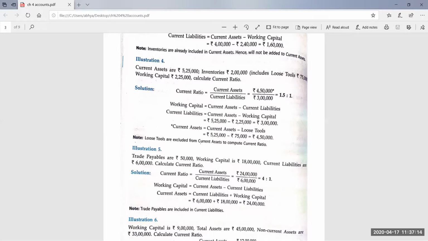Yes Anmol, very fast, very good. Working capital 9 lakh. Anmol, Siddharth, Harshdeep, your answer is incorrect, please check your answer.